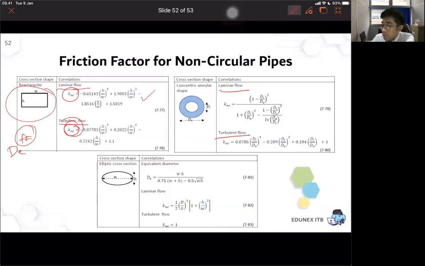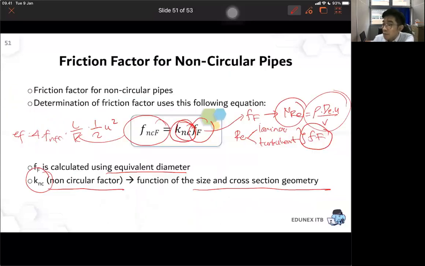So for the elliptical cross section, the diameter equivalent, you can use this equation, and then for the constant or the ratio, you can use this equation. Again, you do not need to memorize the equation. Just remember that you have to do 2 steps of calculation of friction factor of non-circular pipes.